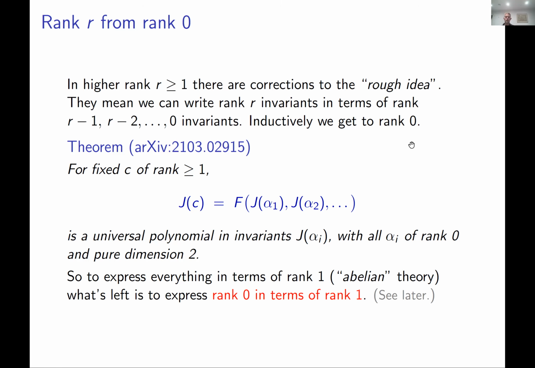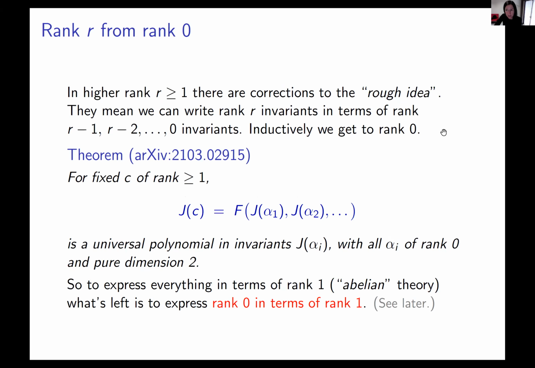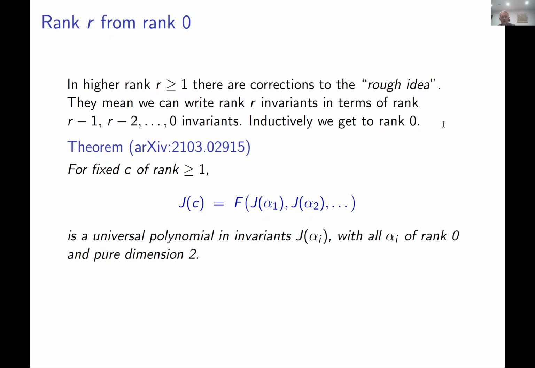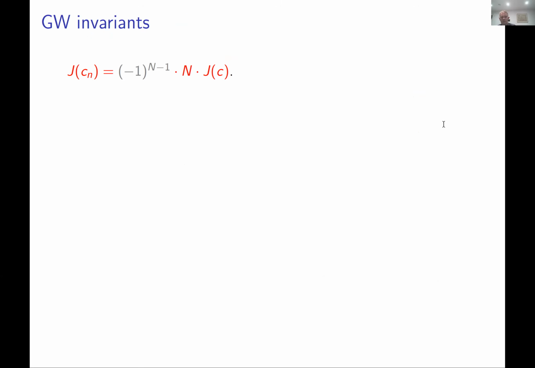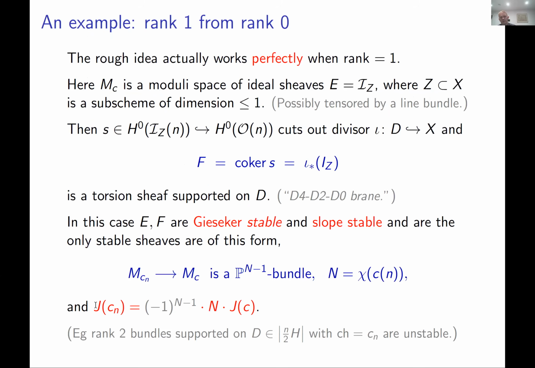Yeah. D4, D2, D0 are not counted by Gromov-Witten theory. The D2, D0, of course, are, but not D4 branes. Sure. But because of our results here, that we managed to express, these are the rank 0 guys, the D4, D2, D0 invariants.